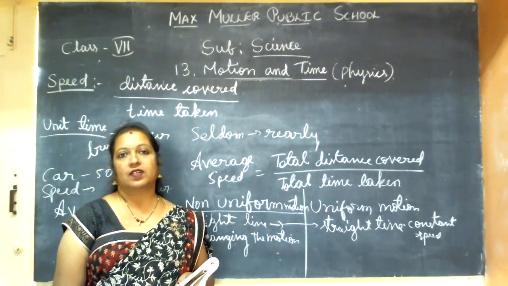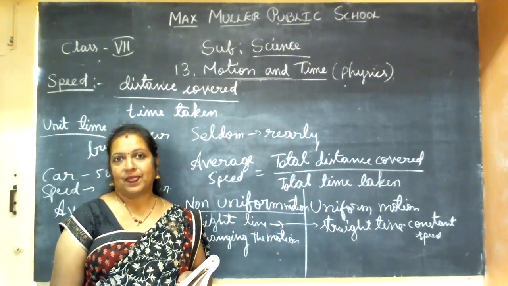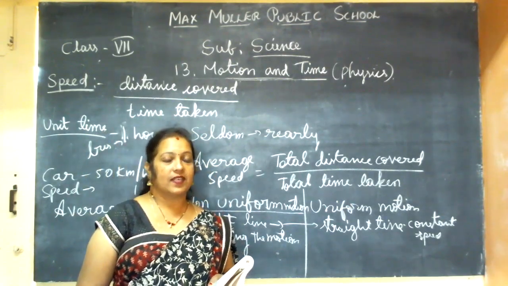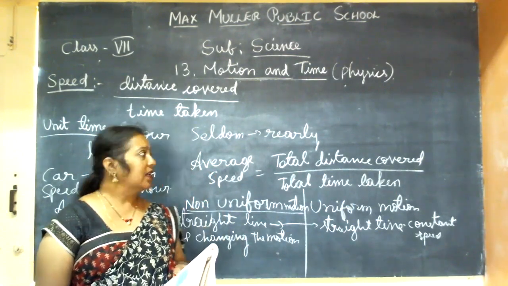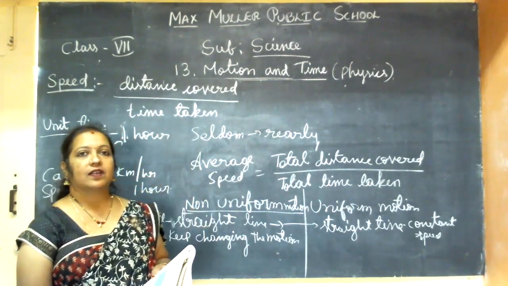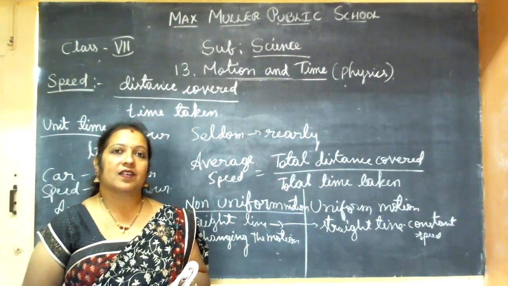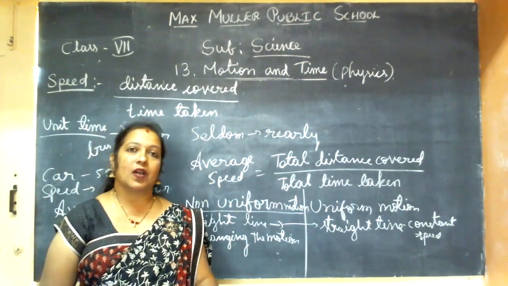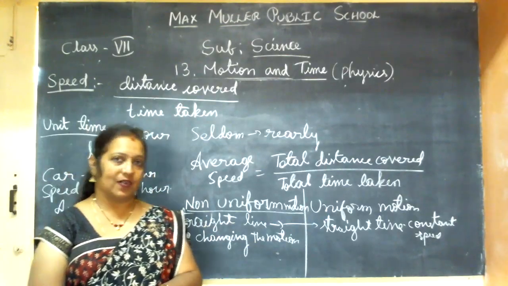So how are we determining the speed? By seeing the time only. How much time it has taken to cover the distance, by seeing that we determine the speed. Until here we learned about the distance covered and its speed. These two, time and distance, are related to one another.